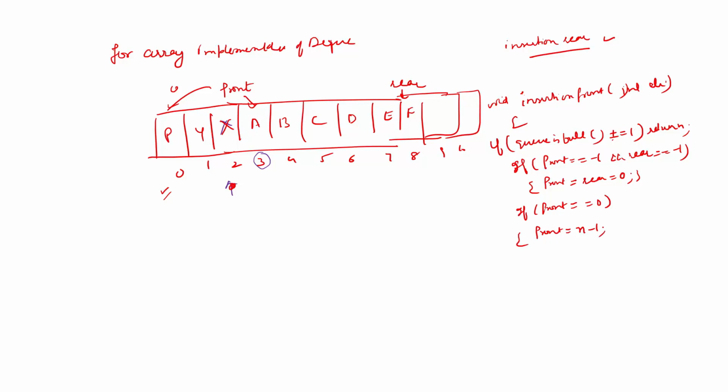In this example you will be setting front equal to 10. In the general case, else, you will set front equal to front minus 1, and at a of front you will insert the new element, whatever element you want to insert into the queue. This is the concept of insertion of an element at the front in the DQ.